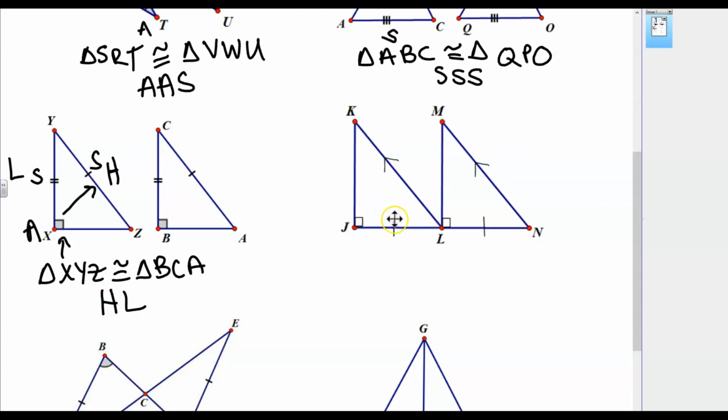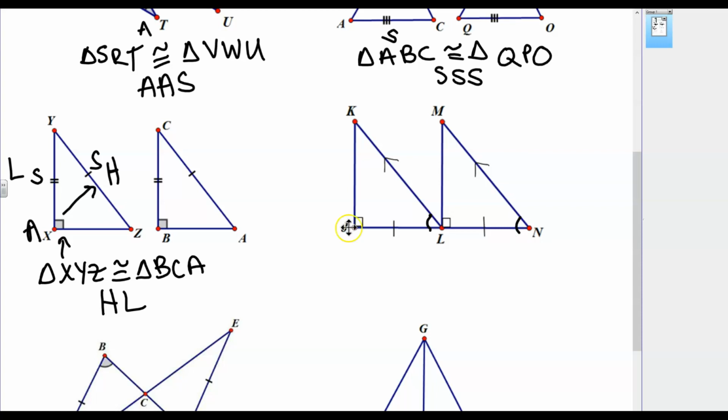Here, I've got 2 congruent right angles and 2 congruent sides, but that's only 2 pieces of information, and I always need 3. So I've got a pair of parallel sides here, so I can actually mark these 2 angles congruent by the corresponding angles theorem.